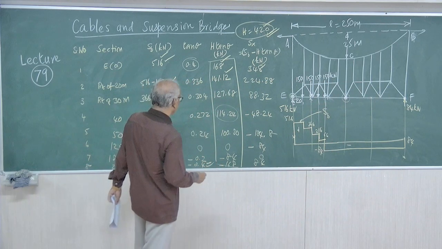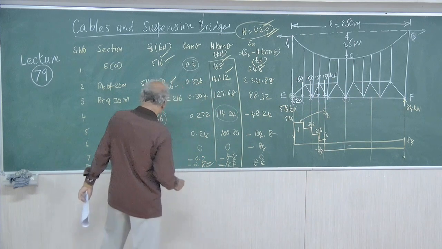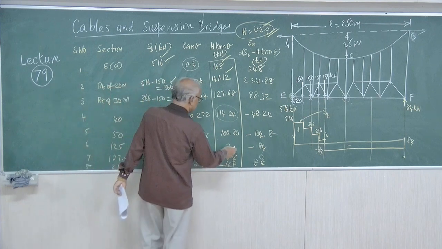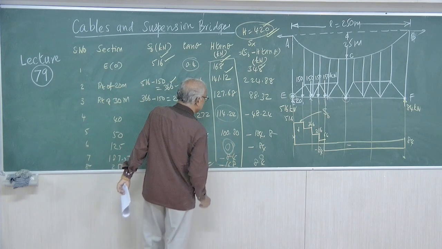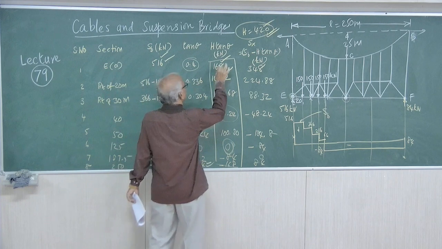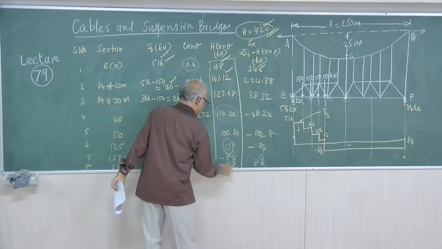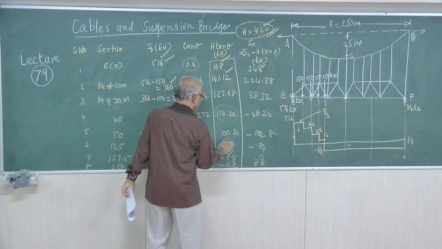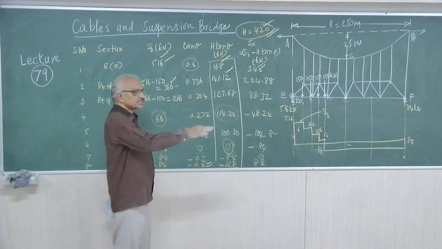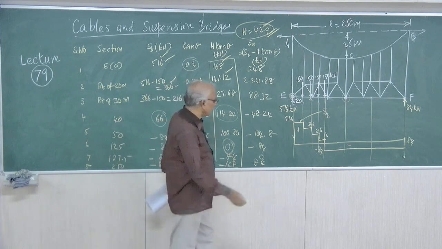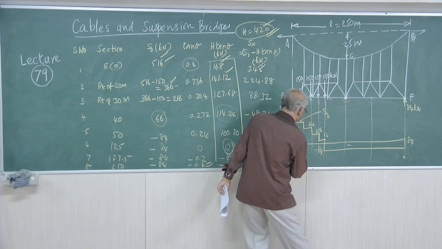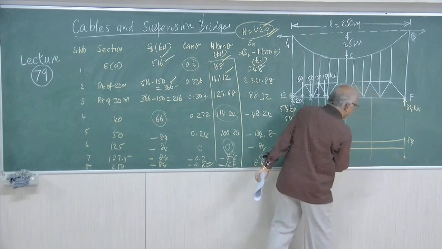At the center, it is 0. So it will vary from plus 168 to minus 168 through 0, so it will be a straight line. Starting from here up to minus 168, it will be a straight line.